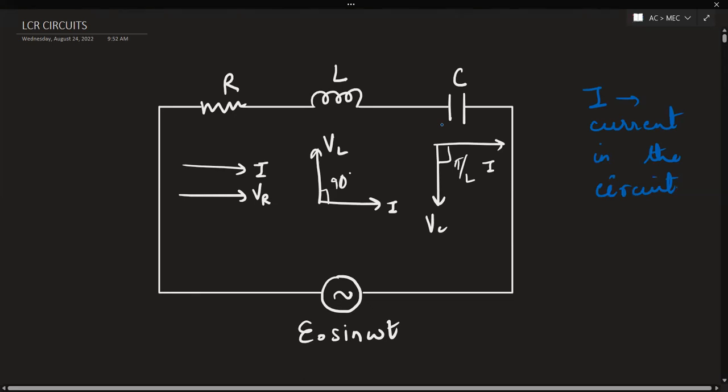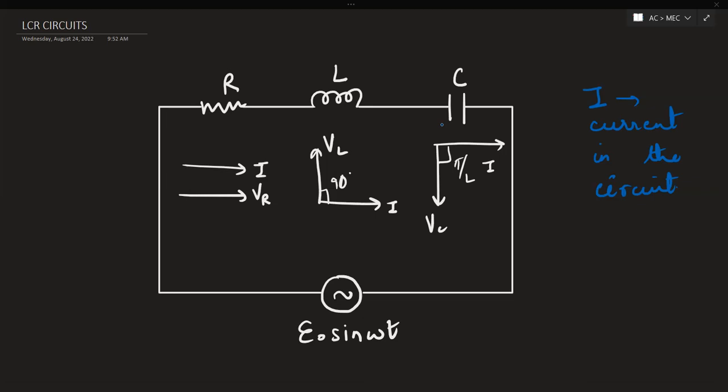Voltage across this part? No idea, Akifa. Resistance is given, current is given. What's the voltage?